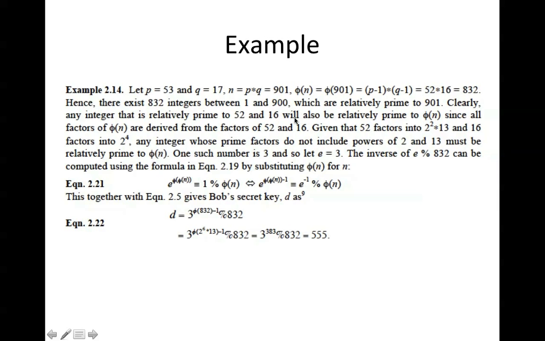We could say that any integer that's relatively prime to 52 and 16 will also be relatively prime to 832. We want to pick that number. And that number could be picked by this property, because we know that all of the factors of 832 will come from either 52's factors or 16's factors.